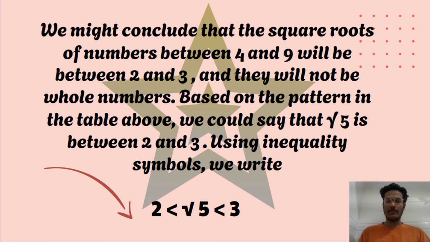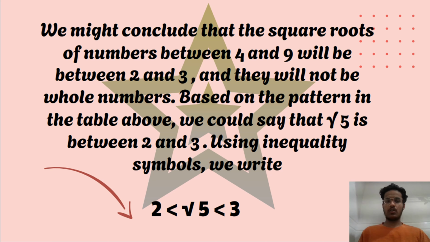After seeing the tabular column, we might conclude that the square roots of numbers between 4 and 9 will be between 2 and 3. The square root of 4 is 2 and the square root of 5 is 2.2 and square root of 6 is 2.4 and square root of 7 is 2.6 and square root of 8 will be 2 root 2, nothing but 2.8, and square root of 9 is 3.